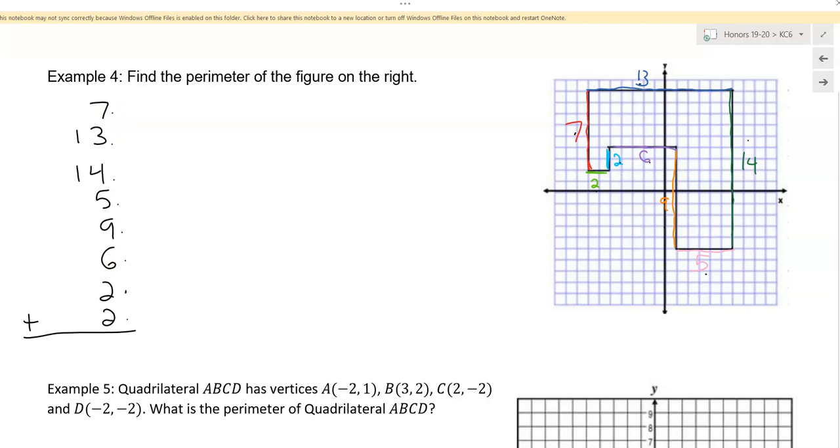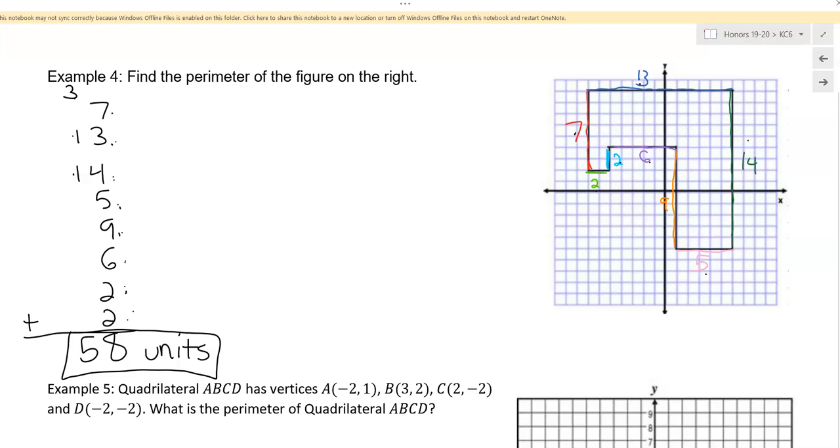Fabulous. Okay, so 7 plus 3 is 10, 14, 19, 28, 34, 36, 38. Bring the 8 down, carry the 3. 3 plus 1 is 5. 58 units. Again, some nice paper and pencil math. However, feel free to use a calculator for those.